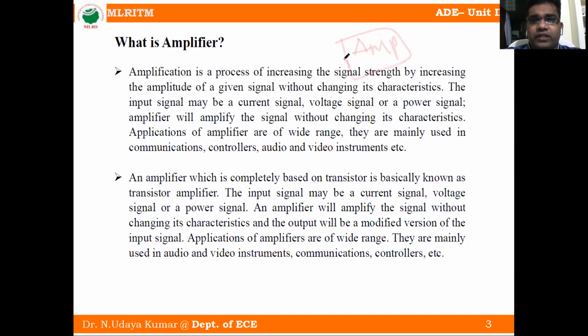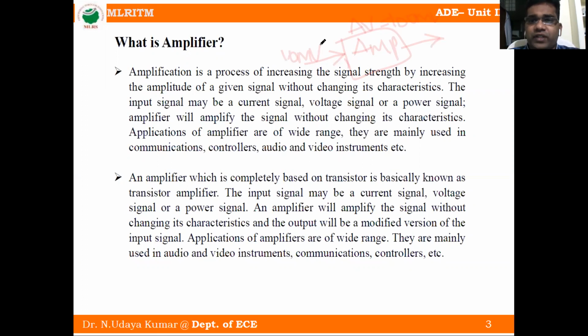So the amplifier consists of a gain, denoted by AV, equal to 100. This is the amplifier input, and this is the amplifier output. For example, the amplifier input is a 10 millivolt signal. So what is the output of the amplifier circuit?